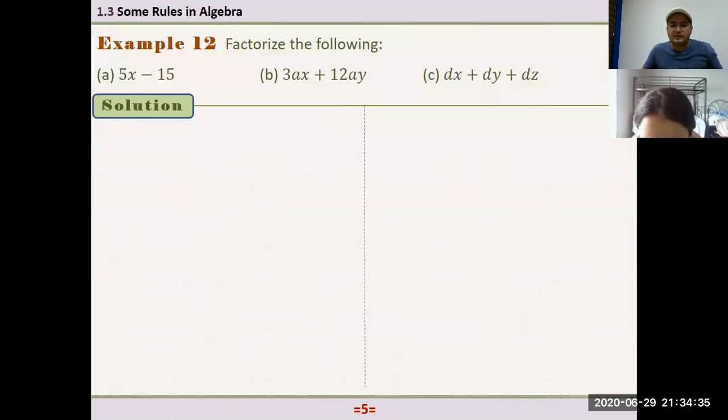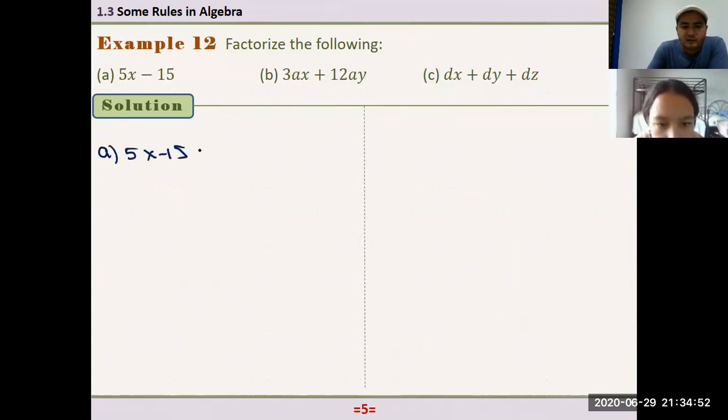For example, let's see these examples. Factorize the following. Factorize means write the given algebraic expression as a product of two or more algebraic expressions. For example, in A, 5x minus 15. I have only two terms. The only way to factorize this is to find a common factor and take this out, right?